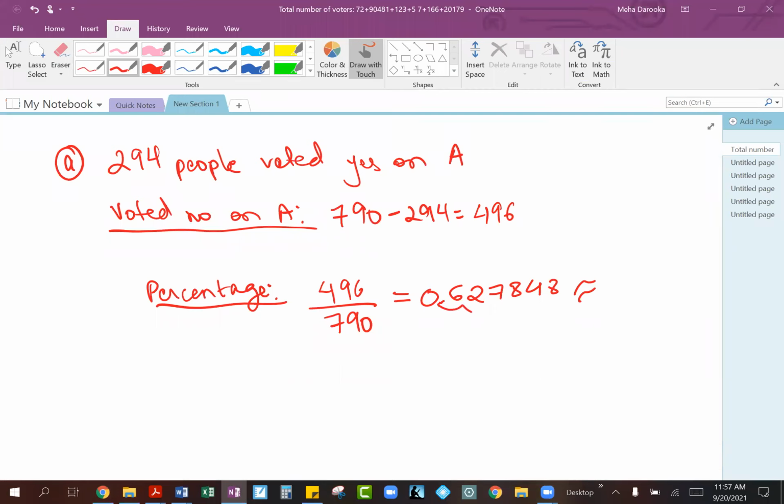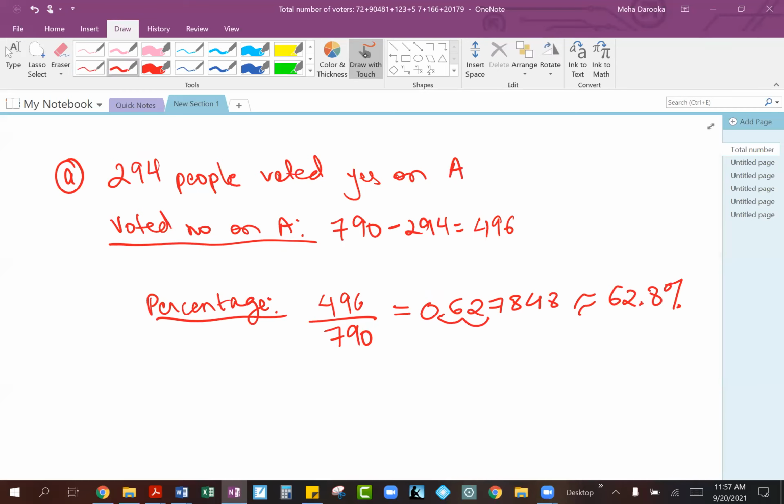So you will need to move your decimal point 2 places to the right. And then since you have a 7/8, that will round this up to 62.8% because you will, of course, go up by 1 unit. So 62.8% of people who were polled did not vote yes on Proposition A. That's basically what they're asking us over here.